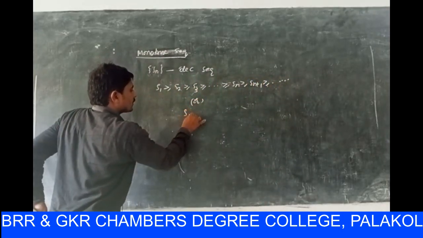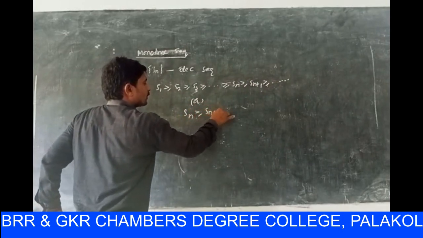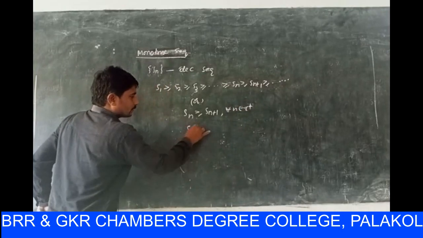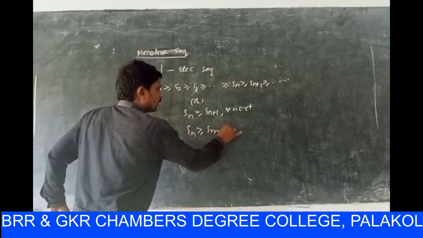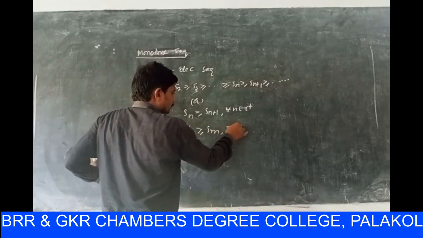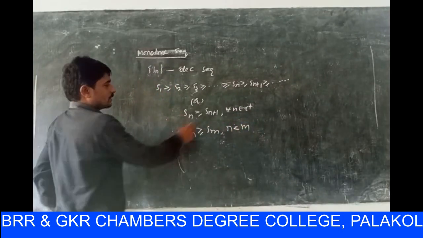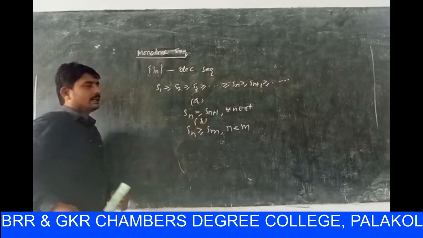Or that is Sn greater than or equal to Sn+1 for all n belongs to Z+, or Sn greater than or equal to Sm for n less than m. From any relation we can say that the sequence is a decreasing sequence.